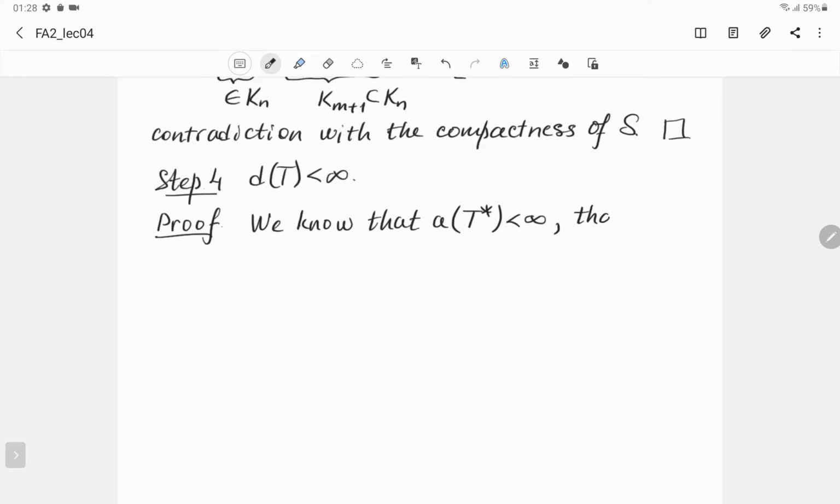So there is a natural number n such that the kernel of T star to the power n equals the kernel of T star to the power n plus 1.